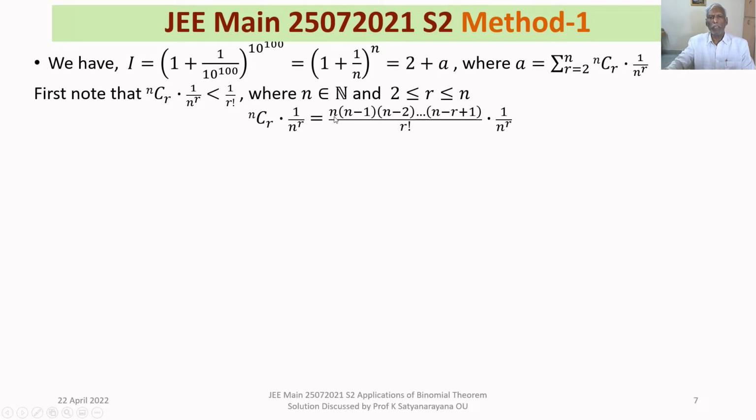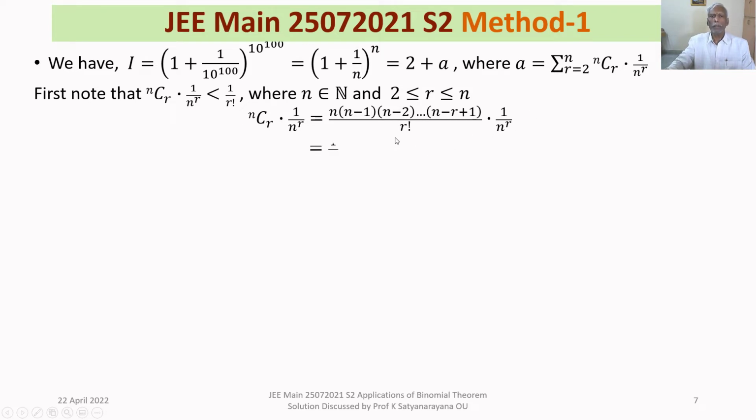From n, take out an n, there remains 1. From n-1, take out an n common, it remains 1 - 1/n. Taking n out, we get n times (1 - 2/n), and so on up to n times (1 - (r-1)/n). From each term an n has come out, giving n^r, which cancels with the 1/n^r.